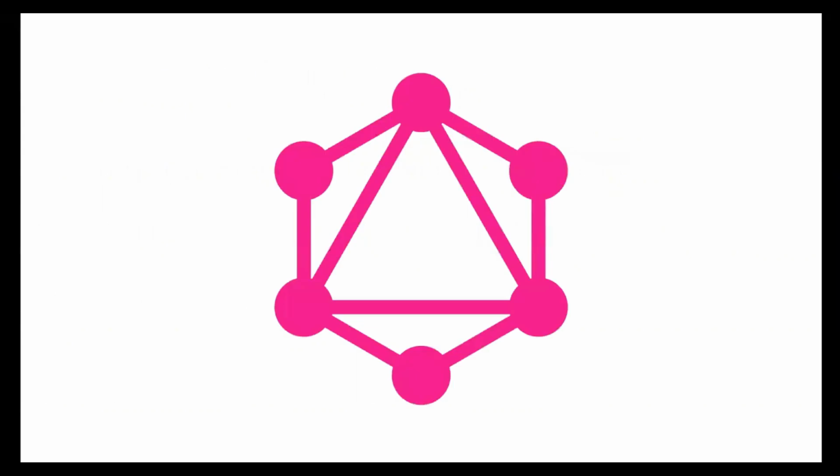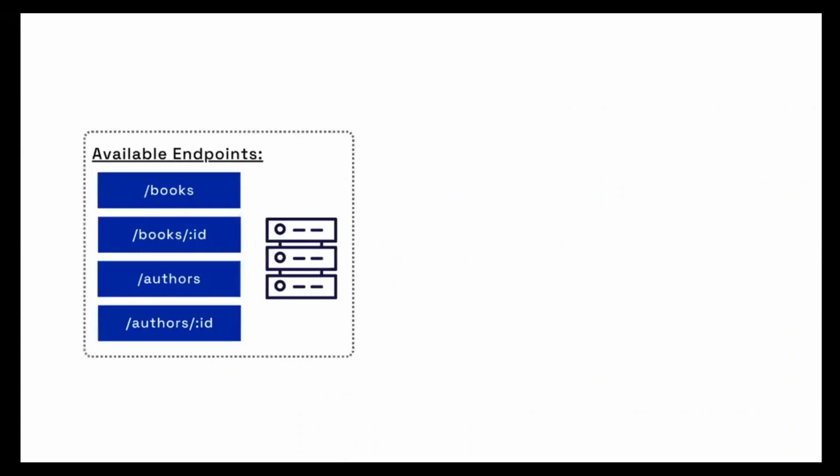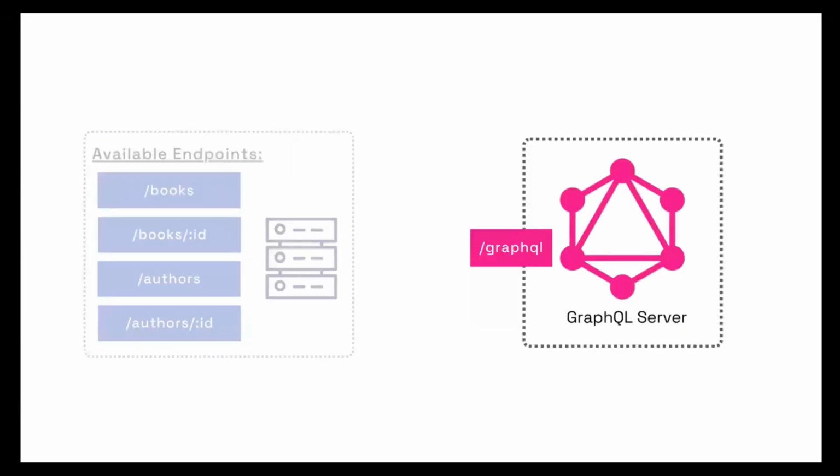So, how is GraphQL different from REST? A REST API exposes many endpoints that correspond to resources. In contrast, a GraphQL API exposes a single endpoint. This difference contributes to many of the benefits GraphQL can offer.